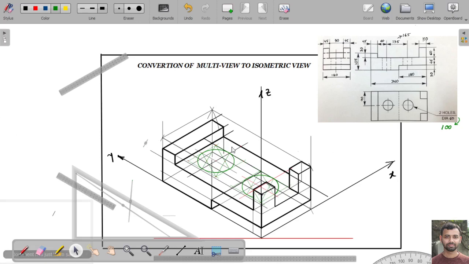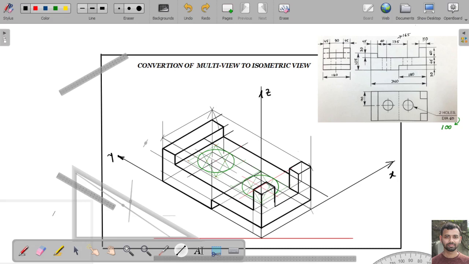Okay. So this is the way to convert any multi-view to an isometric view. Okay, so in this way you can convert a multi-view into an isometric view.